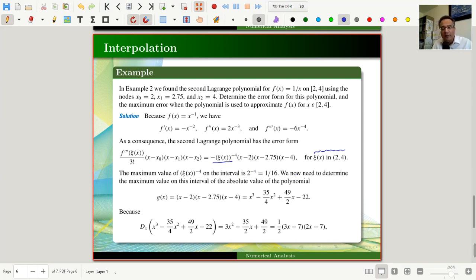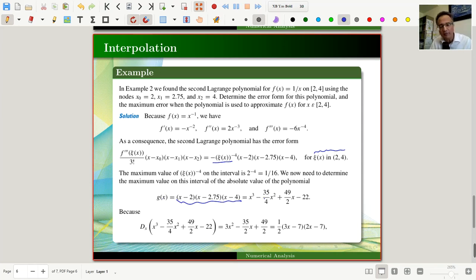Now we need to determine the maximum value of this polynomial in the interval. For finding the maximum value of g of x over the interval 2 to 4, we have to take the derivative of g of x.